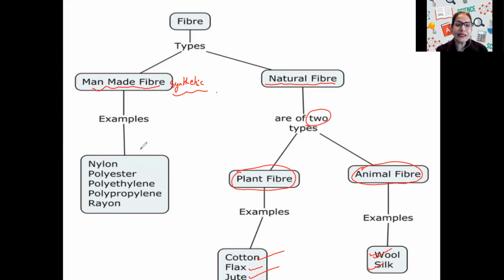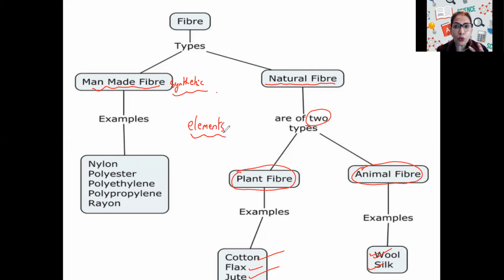So in this chapter, we are going to concentrate on the synthetic fibers, that is, man-made fibers. Man has made so many things now. There are so many synthetic things available because of the development in science and technology. Science and technology has developed so much that, you'll be surprised to know, even elements are being made by man.